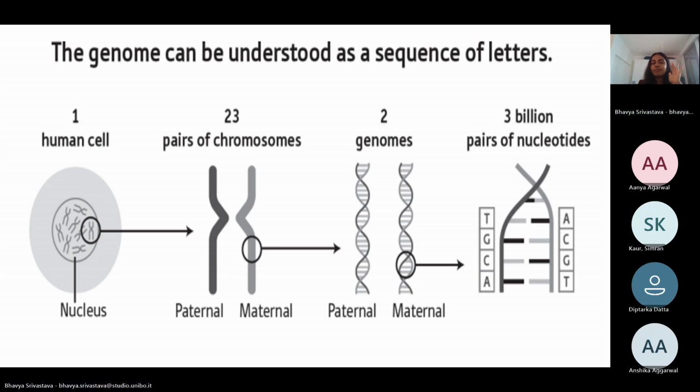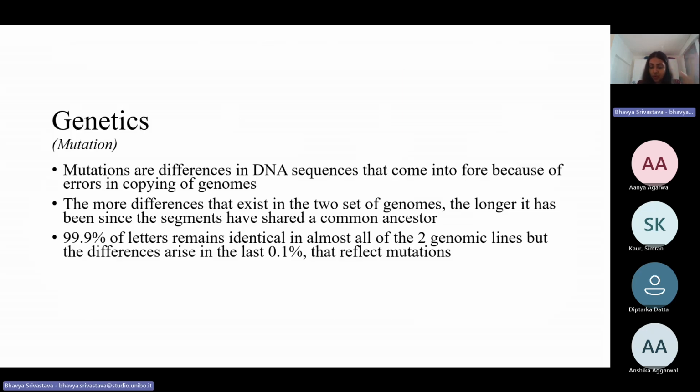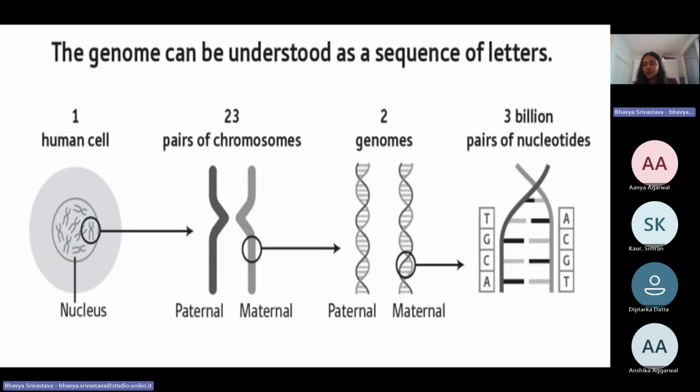So that's where we stop with the components and focus on mutations. I hope I'm clear here. You can take a screenshot of this diagram. This is the one diagram that I always refer back to when I forget the basics or the fundamental aspects of genetics.